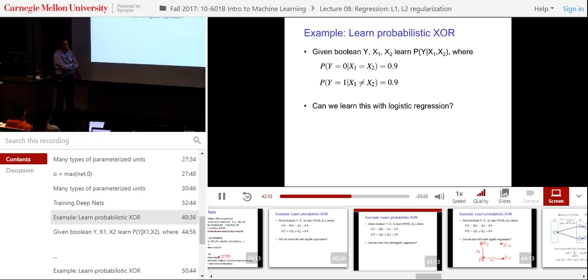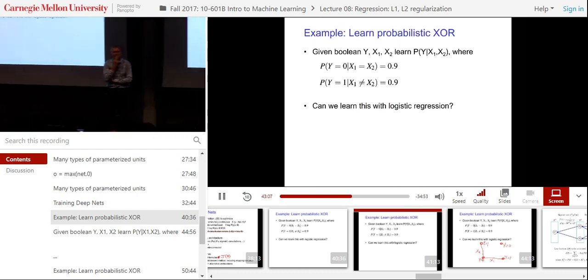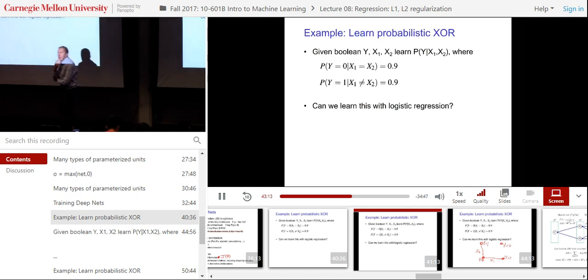And why wouldn't we just use logistic regression? Right, this is not a linear decision surface kind of problem.